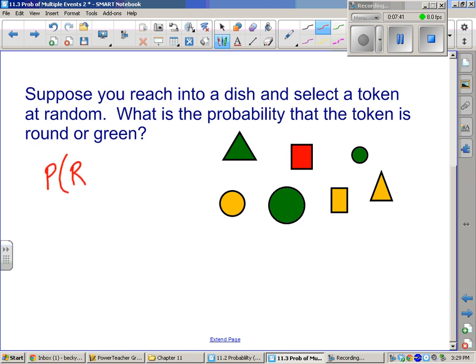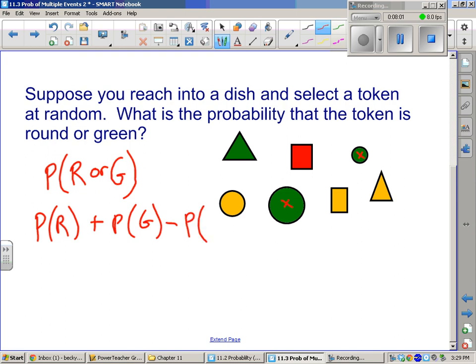Round or green. So those definitely are not mutually exclusive events because there are a couple examples that are both round and green. So we're going to have to use that formula. Take the probability of round, add it to the probability of green, and then subtract the overlap, which is the round and green ones.